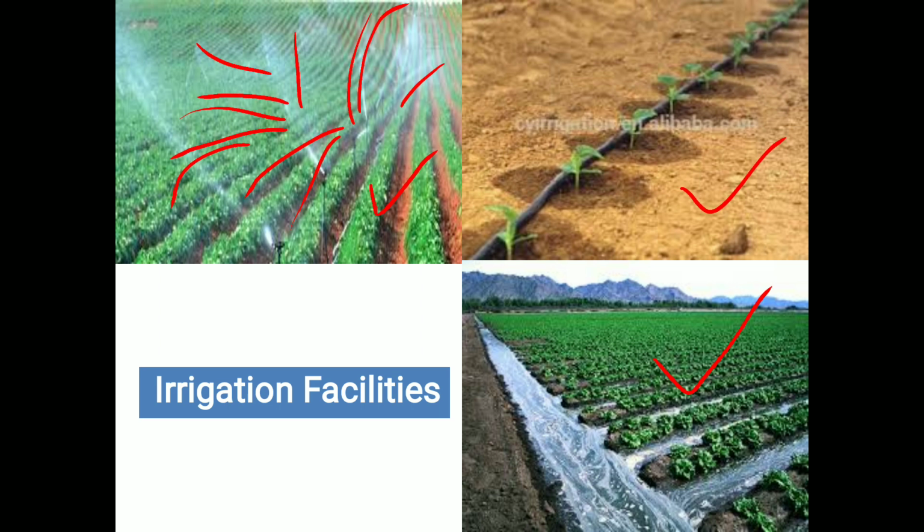So out of flood irrigation, sprinkler irrigation, and drip irrigation, drip irrigation is most useful for controlling pest pathogens.